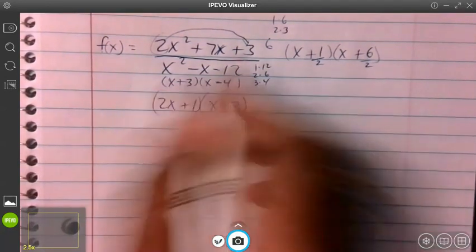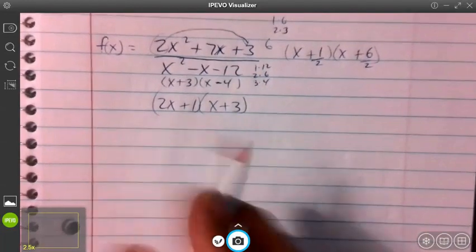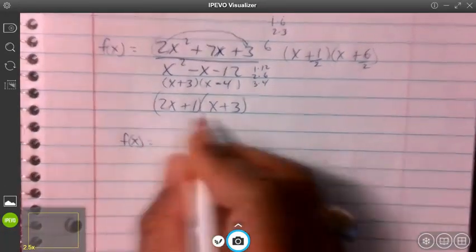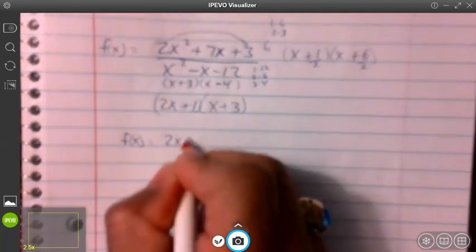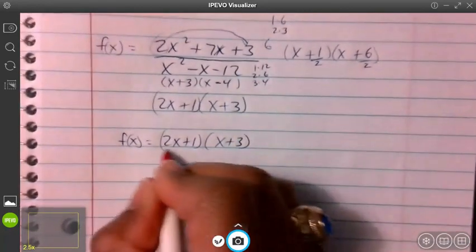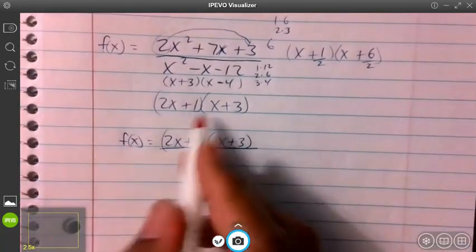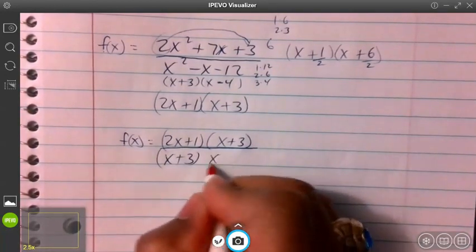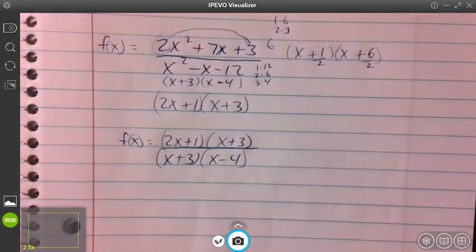Okay? So let me just rewrite the whole thing in case y'all are getting confused. So just in factored form. So remember, top was factored to be 2x plus 1, x plus 3. On the bottom, we have x plus 3, x minus 4.